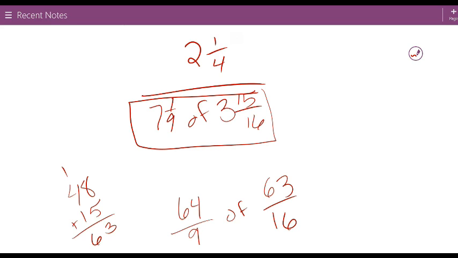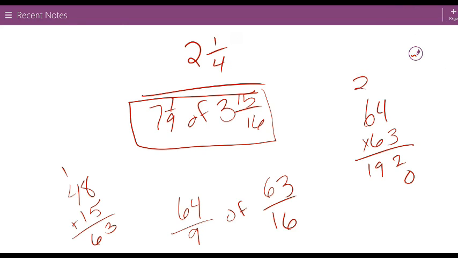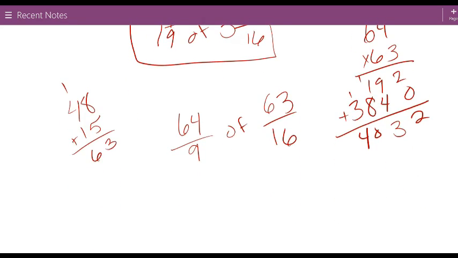Anyway, okay, so 64 times 63, 12, 19, 6 is 24, 36, 8. Okay, that's a very large number. Wow. Okay. We'll go back and get the rest of it in just a second.